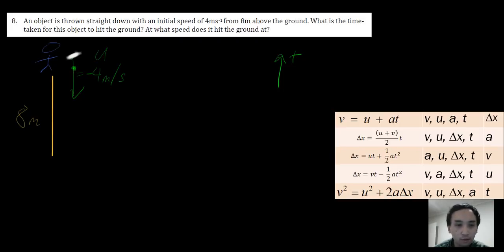Now, a few things we can put in over here. So one thing to say is that we're on Earth. So this means that our acceleration is going to be the gravitational acceleration, which is negative 9.8 meters per second squared. So negative because gravity acts downward.